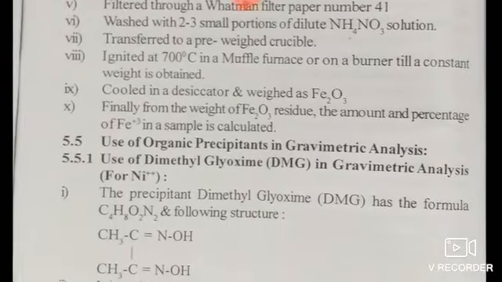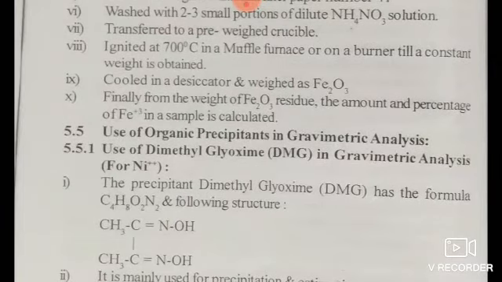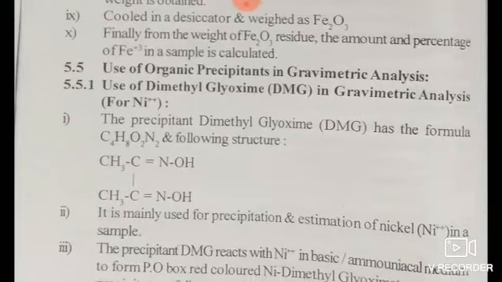Cool in a desiccator and weigh as Fe2O3. Finally, from the weight of the Fe2O3 residue, the percentage of Fe+3 in the sample is calculated. So this is about the estimation of the ferric ion by using ammonium hydroxide.